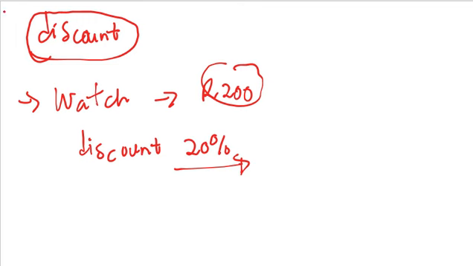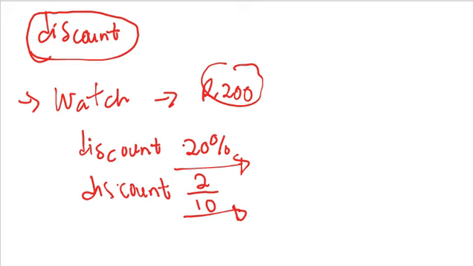What if the question says they gave you a discount of 2 over 10? Just know if they give you a fraction, it's more like a percent.